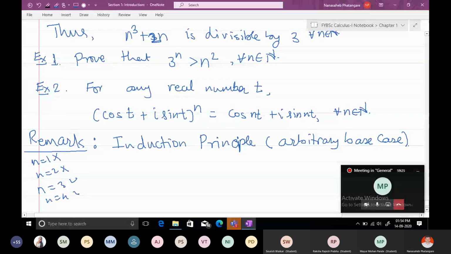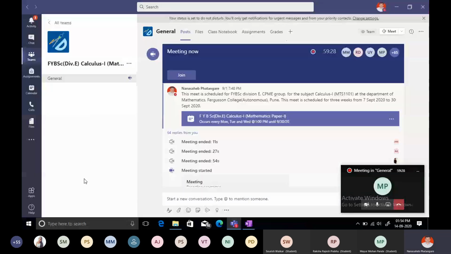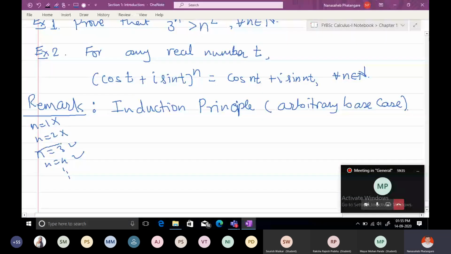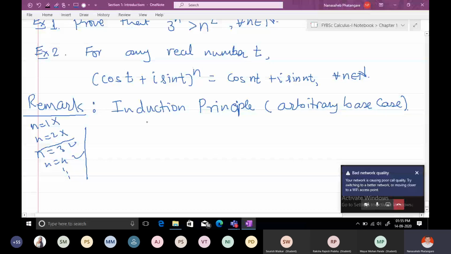So the initial stage in this case cannot be 1. The initial stage should be 3, and then we should prove the result for all natural numbers greater than or equal to 3. That would be the appropriate statement, right? And therefore our base case will be n equal to 3.